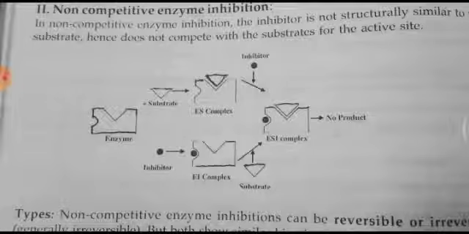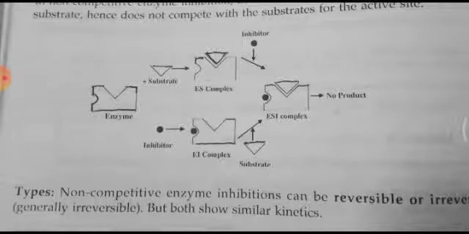After that you will get ESI complex. There also there is no product. That means either the substrate will bind first or the inhibitor will bind first. The enzyme is going to get inhibited through ESI complex or EIS complex. That means enzyme substrate and then inhibitor, or enzyme inhibitor and then substrate binding. In both cases enzyme will get inhibited.